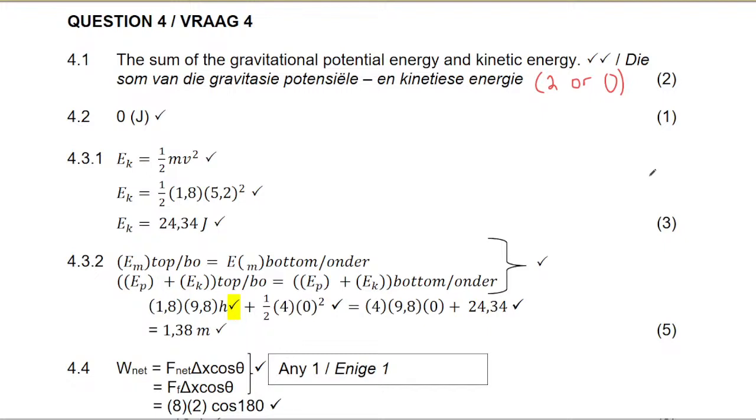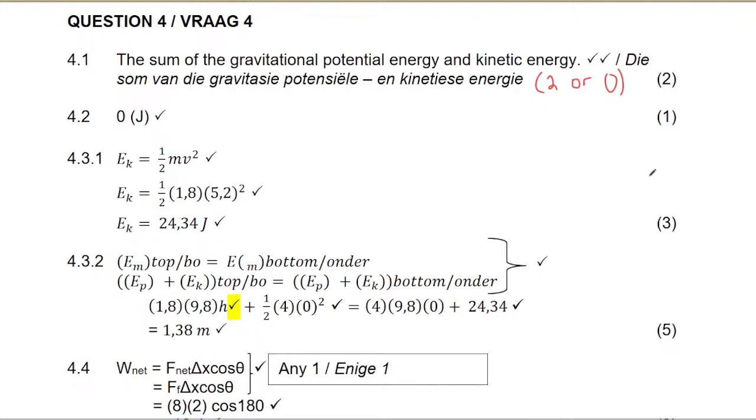For EK, we give 1 mark for the equation and 1 mark for the substitution. Everything must be correct there. It is half multiplied by the mass multiplied by the velocity with which it hits the ground, which is 5.2, and then EK is equal to 24.34 joules. That will be a clear 3 marks there.